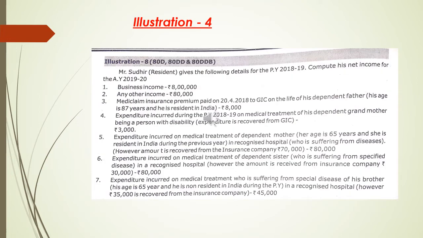This question mainly concentrates on medical insurance and medical treatments and how to do the tax treatment. Just read the question thoroughly and let us understand how to do the tax treatment in this case.